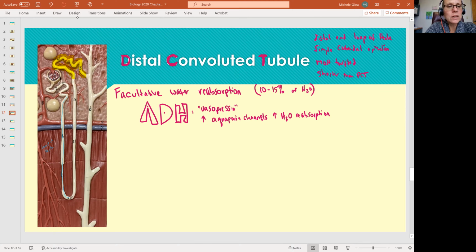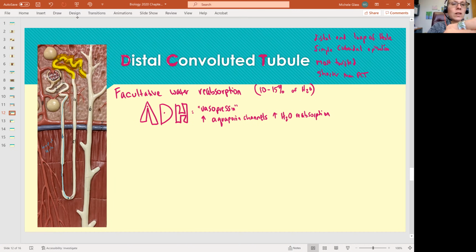The cells of the distal convoluted tubule, and we'll see also collecting duct, have these aquaporin channels at the ready in the cell, but not automatically part of the cell membrane. Under the influence of antidiuretic hormone, those aquaporin channels get pushed into the cell membrane. So now you have a whole bunch of water channels.